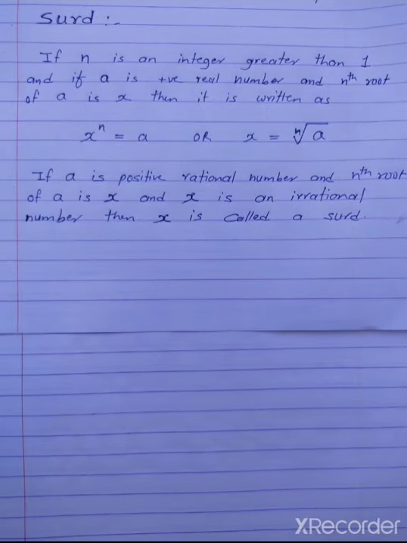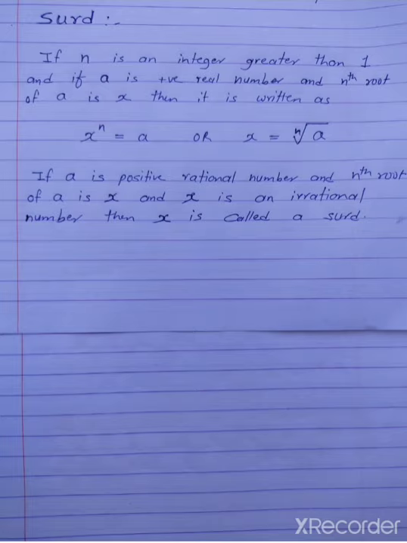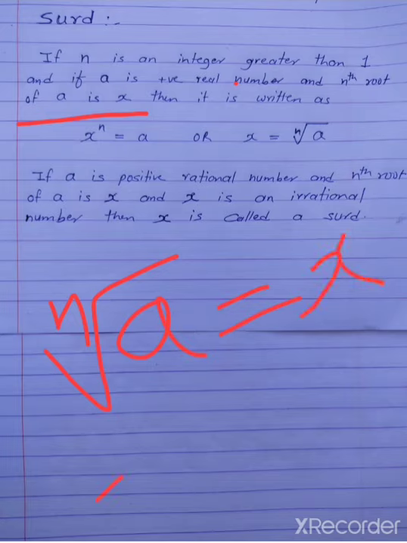So here I make one definition for surd. If n is any integer greater than 1, this value of n has to be greater than 1, and if a is a positive real number and the nth root of a is x, so we write nth root of a is equal to x. Then we can write x raised to n is equal to a also.